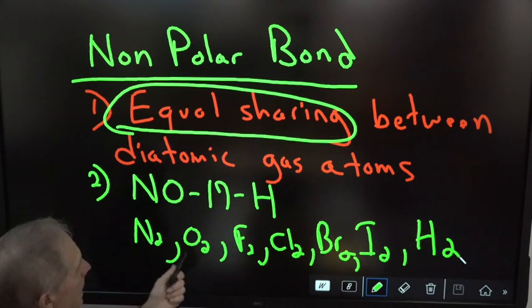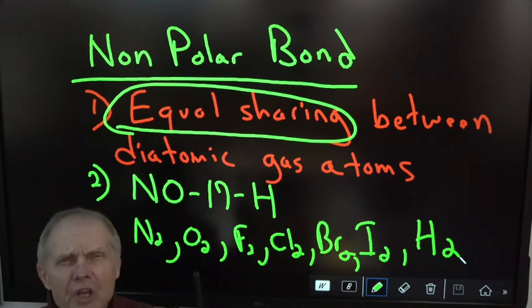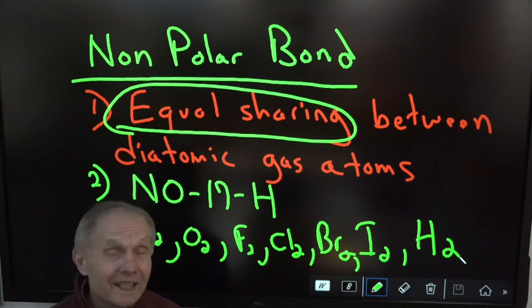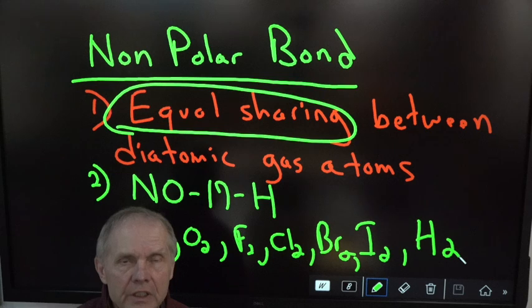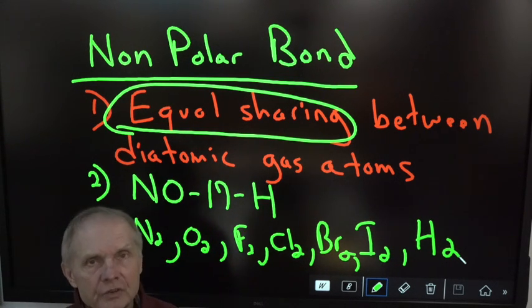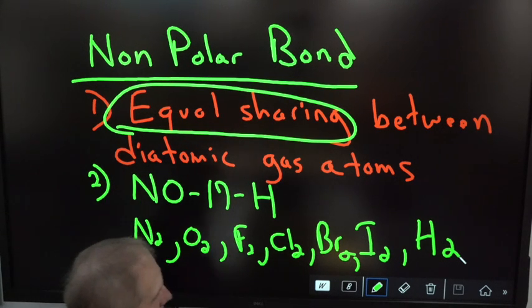So N2, O2, F2, Cl2, Br2, I2, H2. Those are the only examples of equal sharing. That's it. That's why this nonpolar bond is so easy. Nonpolar bond, equal sharing, only the diatomic gases. Only 7 examples. So let's electron dot a couple of these for number 3.